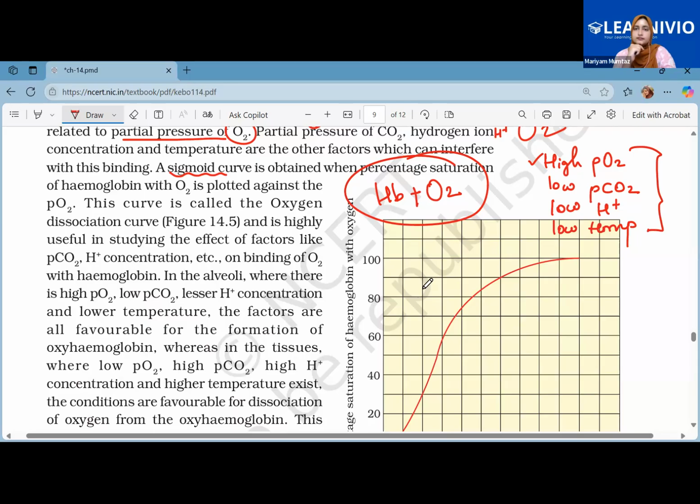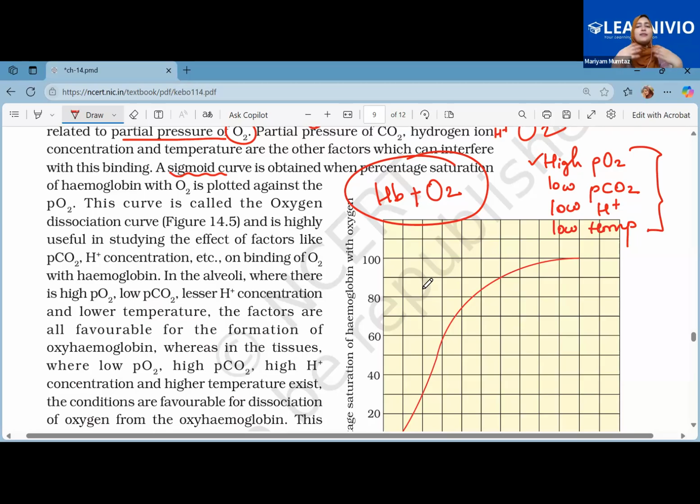Because when we breathe in, the oxygen will be increased in the alveoli, right? So the amount of oxygen in the alveoli will be high, which will favor the combining of the hemoglobin with the oxygen. That is why in the alveoli, the hemoglobin will associate with the oxygen.